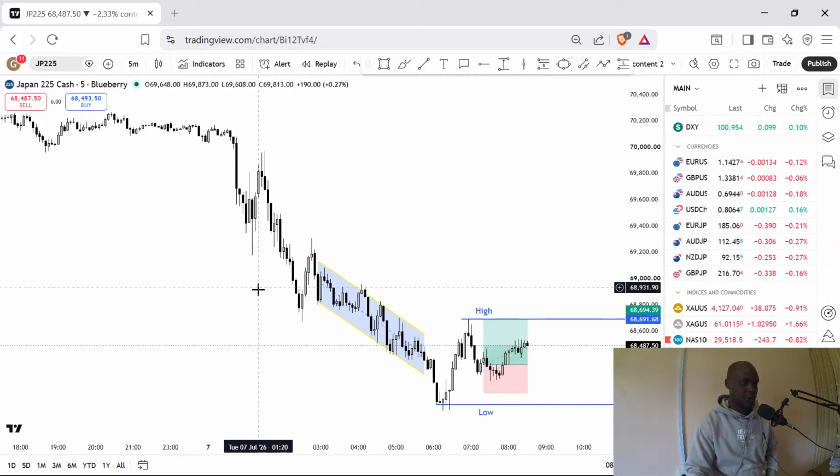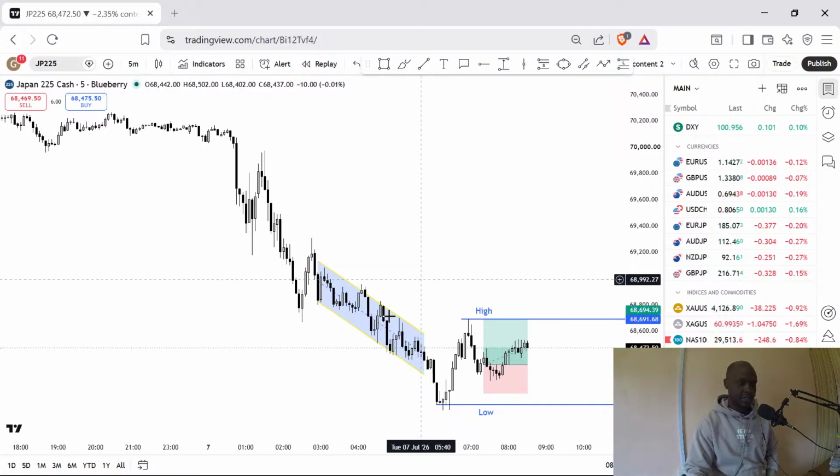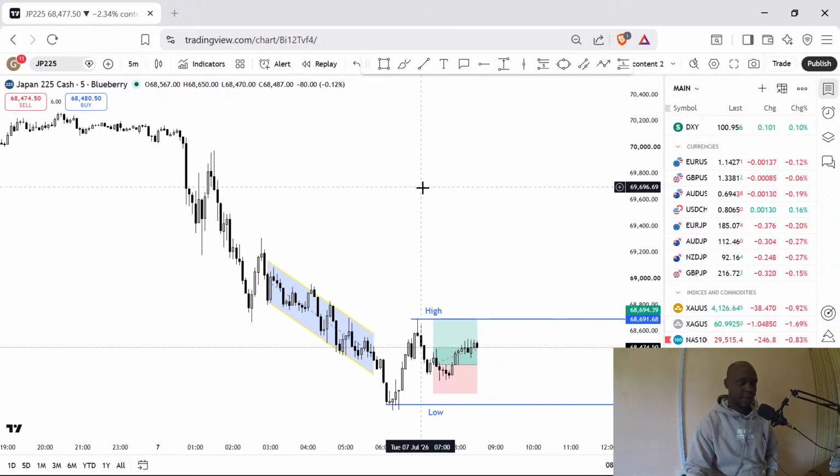A market that has been trending lower for quite a while, and then we get this sort of a descending channel, which is normally a sign that the selling pressure is getting exhausted. Once we get an impulsive push after this descending channel, I like to take trades in such scenarios.